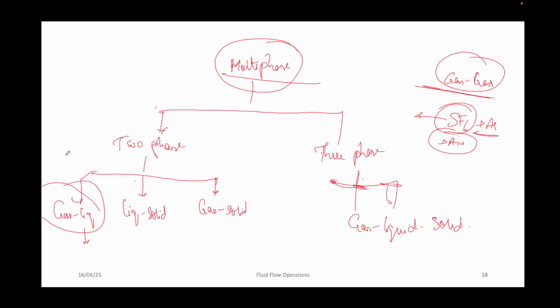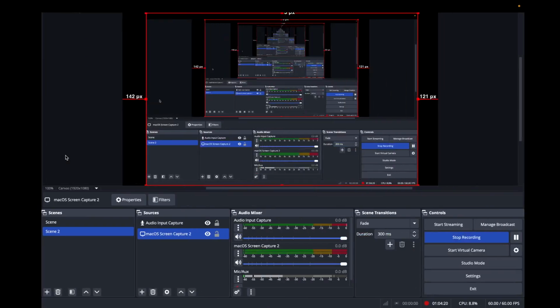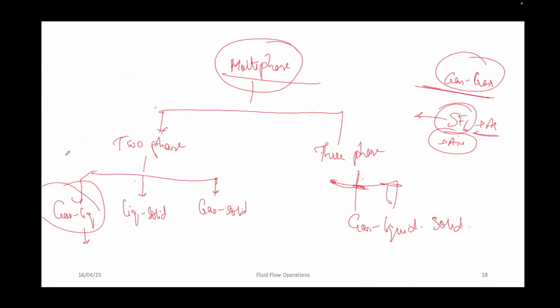There are multiple examples for gas-liquid operations.